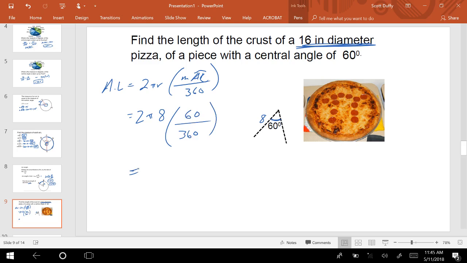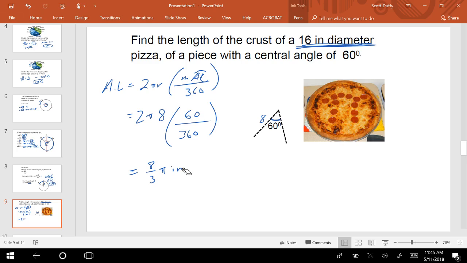Pretty simple. Like I did before, I'm just going to multiply the numbers and not multiply by pi. So 2 times 8 times 60 divided by 360. And I get 2.66. If I turn that into a fraction, that is 8/3 pi.